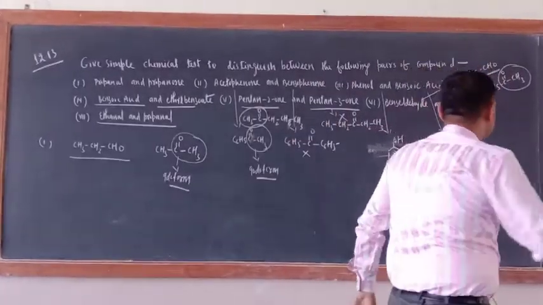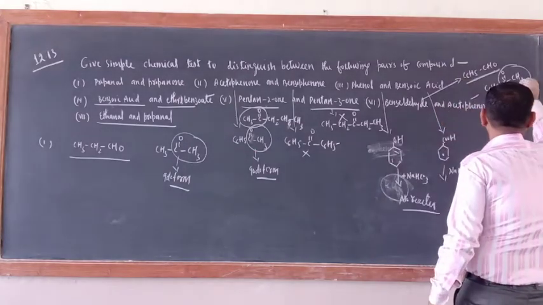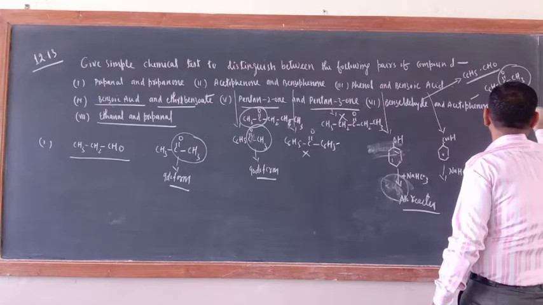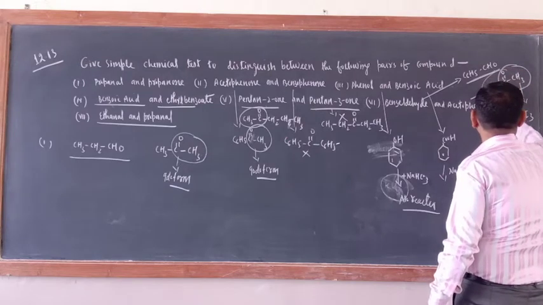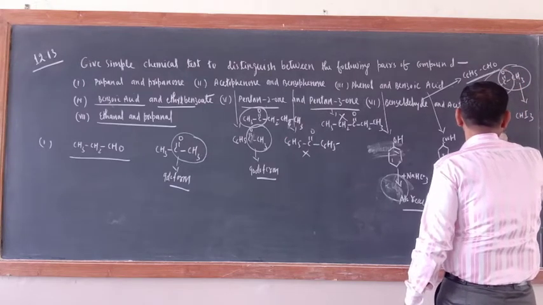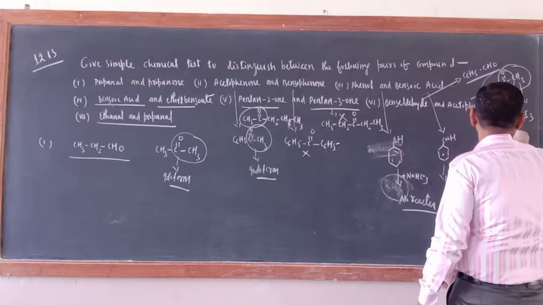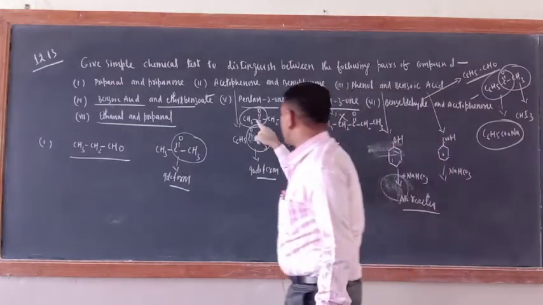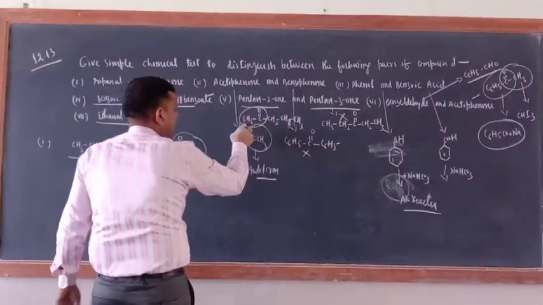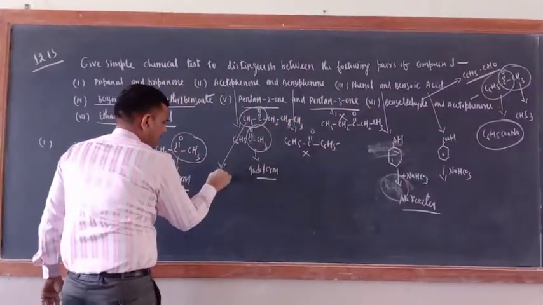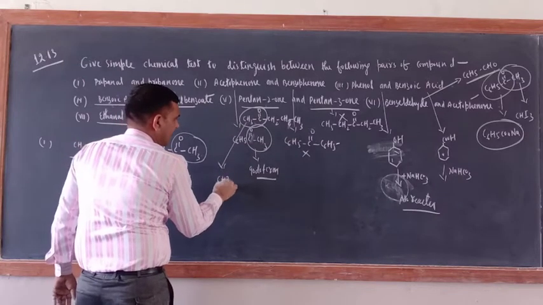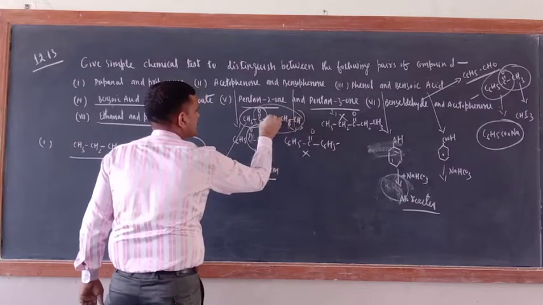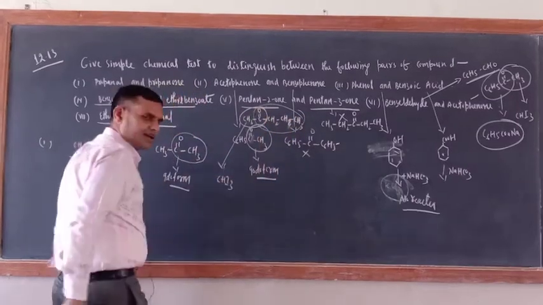The CH3 group will be converted into CHI3, and the remaining group will be converted into C6H5COONa. Wherever iodoform is there, this CH3 group is converted into CHI3, and the rest will be converted into the sodium salt of the acid. Correct?